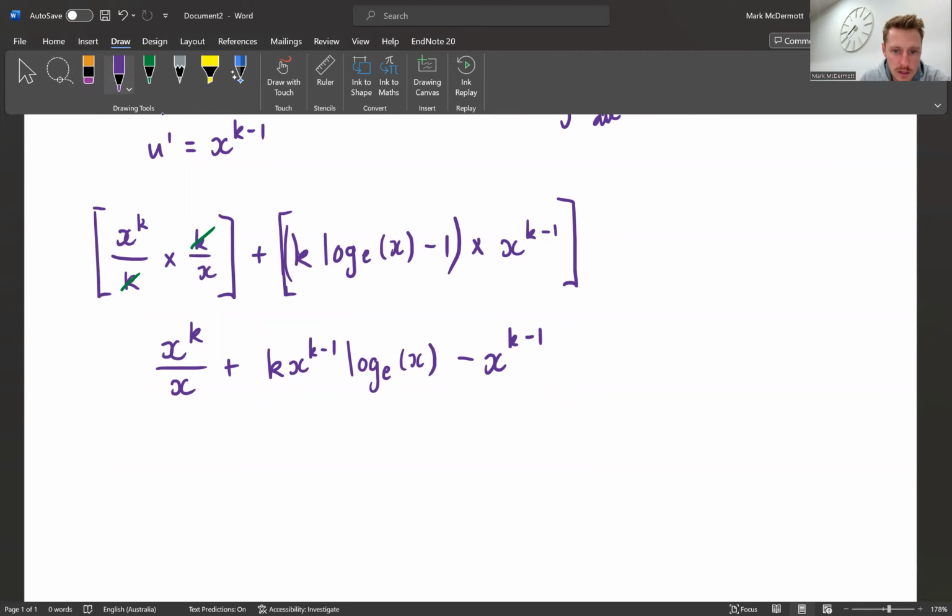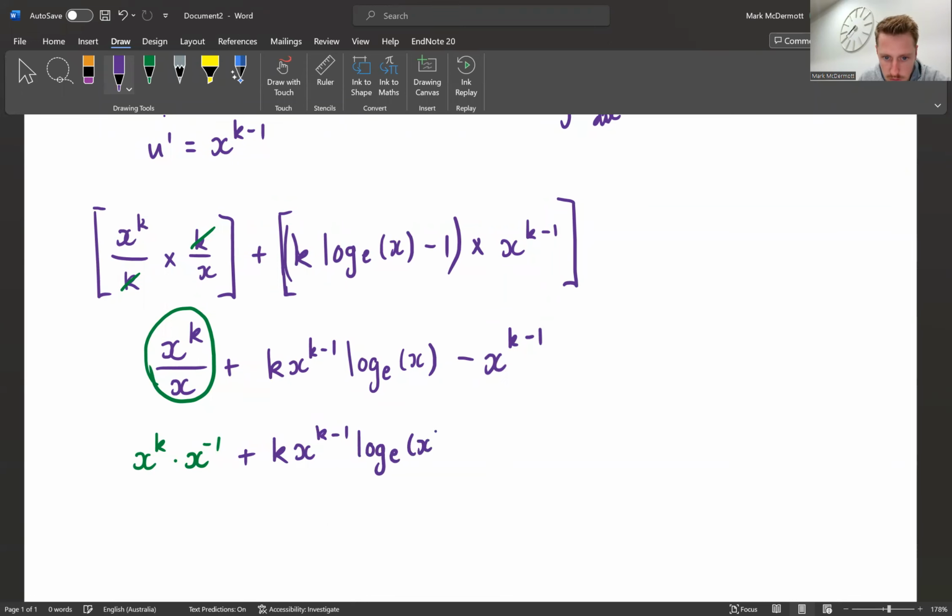And then hopefully we can actually see something really interesting. This first part can be written in the following way: x to the k multiplied by x to the power of negative 1, plus k x to the k minus 1 log base e of x minus x to the k minus 1.